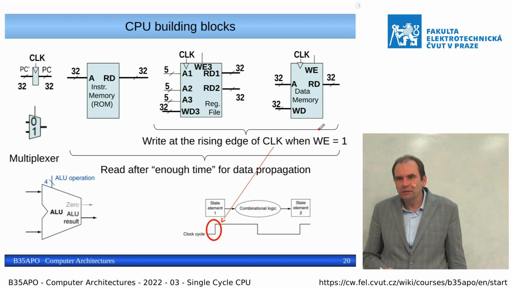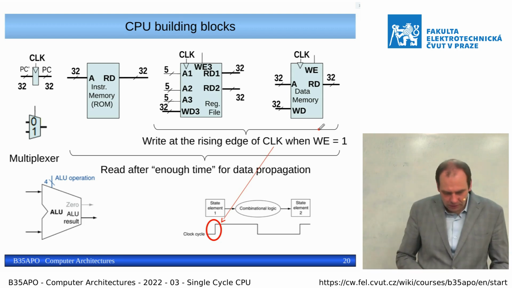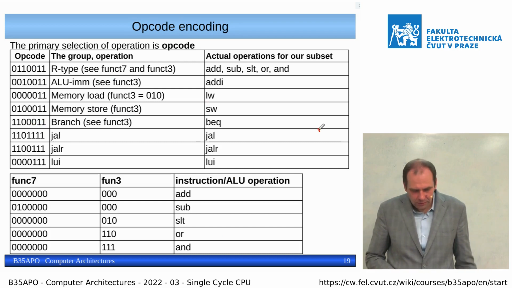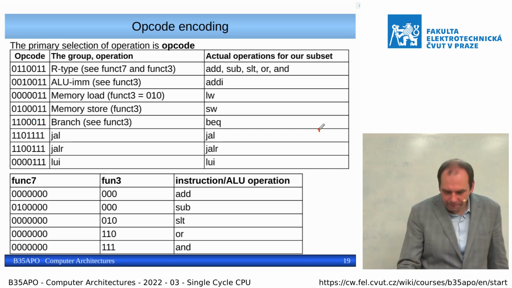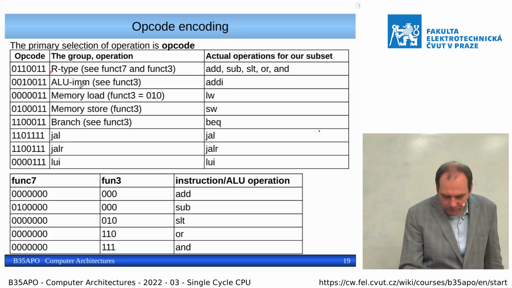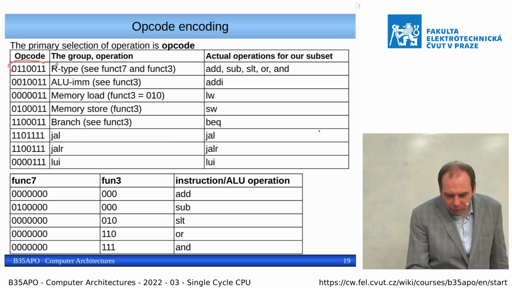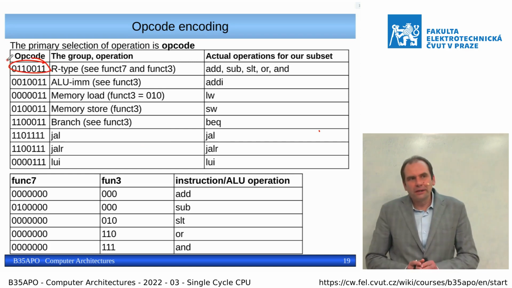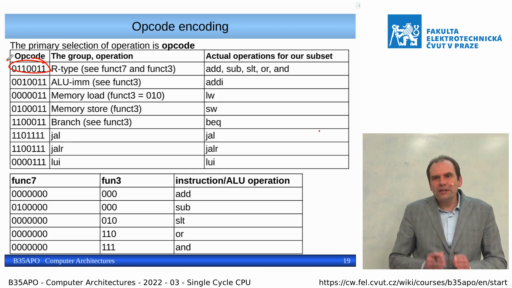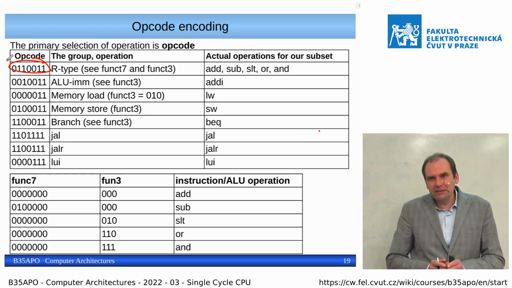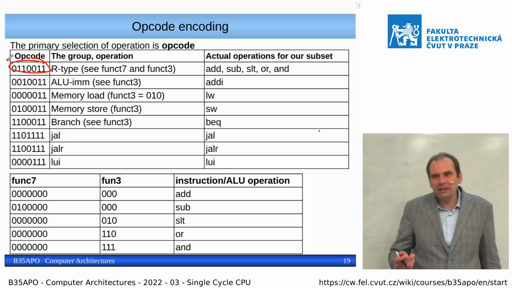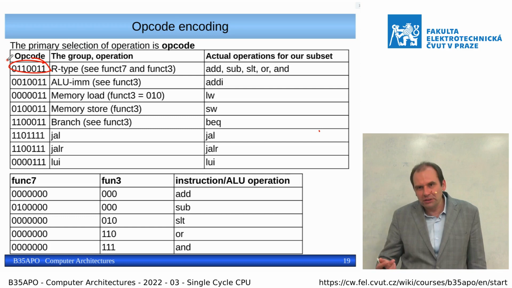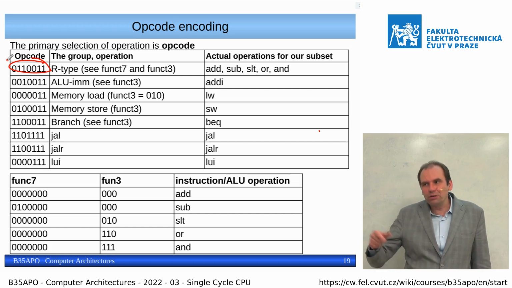Yes? Could you go one slide back, please? Yes. Why is subtraction encoded in the opcode and not in the... Because we do not want to block too many opcodes. It is an attempt to compress the instructions, because we have seen that for the 3 operand instruction, we do not need all those bits which are used for the immediate.